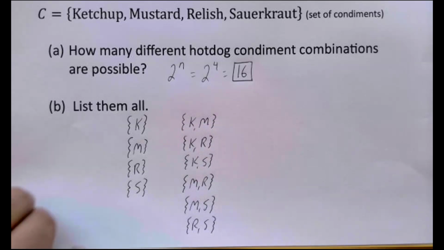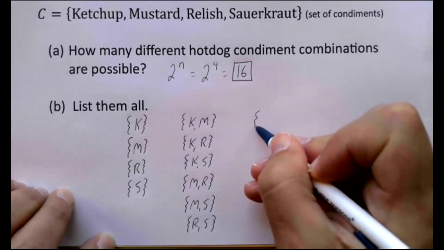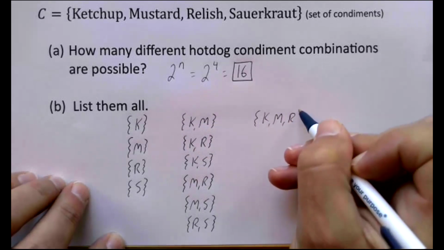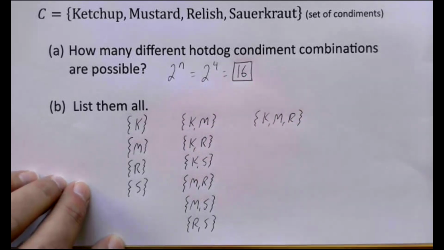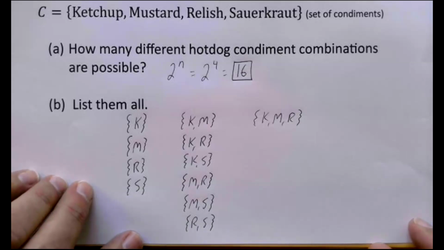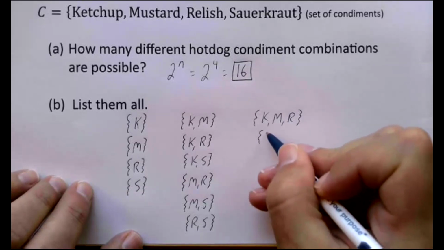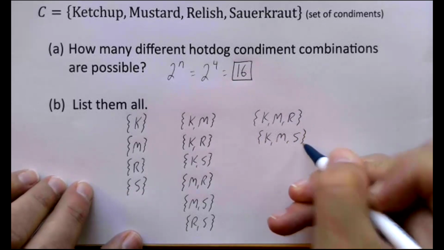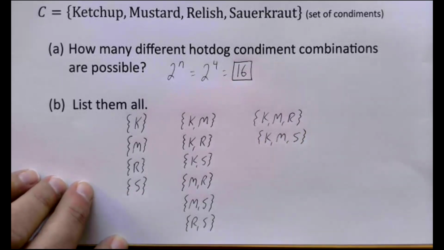How about 3? Well, I could do ketchup, mustard, and relish and tell them I don't want sauerkraut. Say, give me everything except sauerkraut. That's another type of hot dog, right? I could do ketchup, mustard, and sauerkraut and say, no relish, please. Hold the relish.